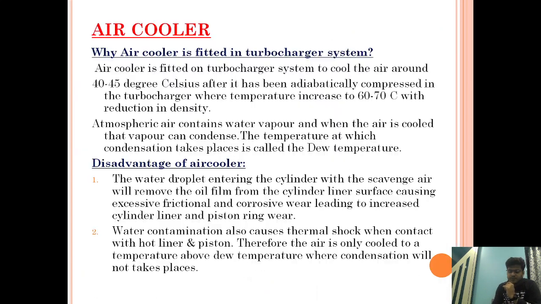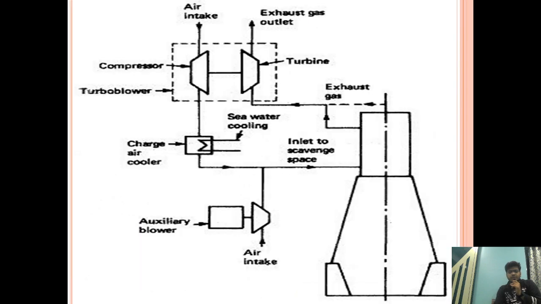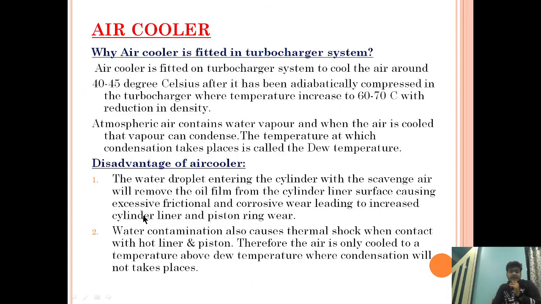So your answer should be, the water droplets entering the cylinder with the scavenge air will remove the oil film. Very important. If the water mist catcher is not there, the water which is going to the engine will remove the oil film which is present on the liner face. And what will happen? Causing excessive frictional and corrosive wear, leading to increased cylinder liner and piston ring wear.